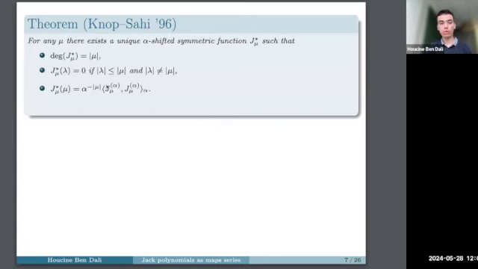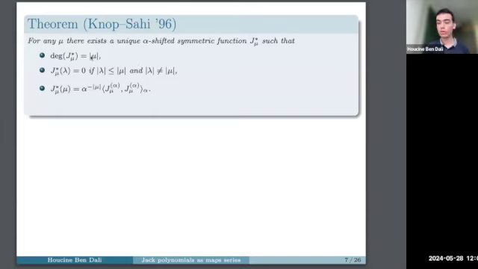The way we can think about this theorem is that we have a big linear system, which has as many equations as unknowns. The equations here are the evaluations of the shifted symmetric function that we are requiring. Then we are looking at the space of shifted symmetric functions which have degree less than or equal to the size of mu.